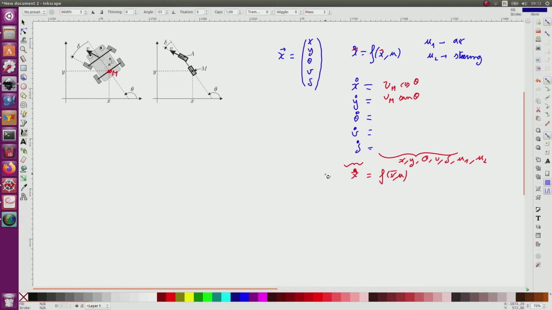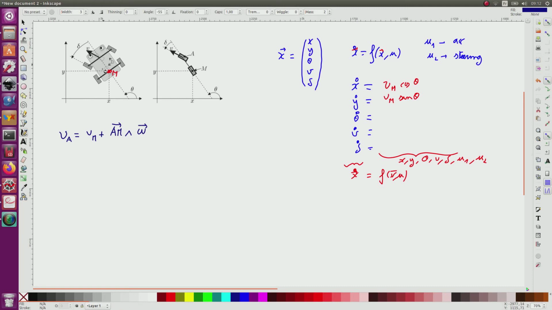I will have to consider the speed composition rule, or the formula of Varignon, which tells me that since the distance of A and M is the same, I can say that the speed of A, VA, equals the speed of M plus the vector AM vector product with omega.